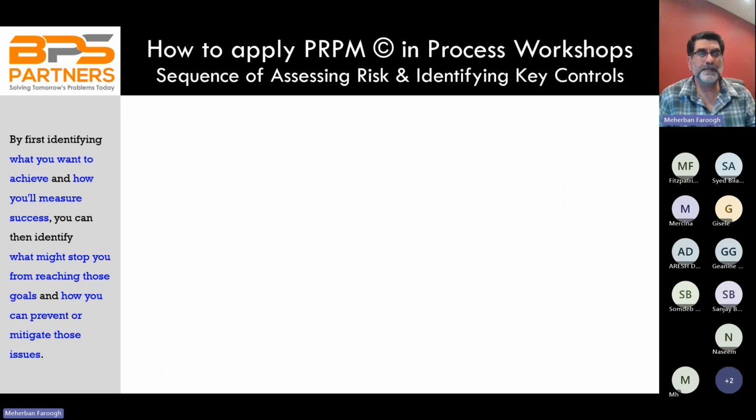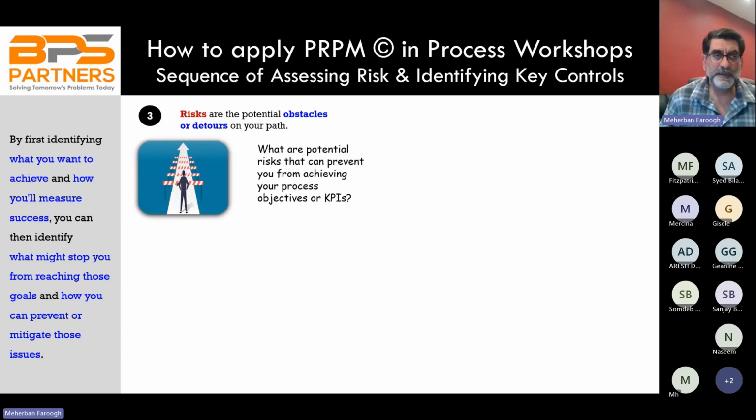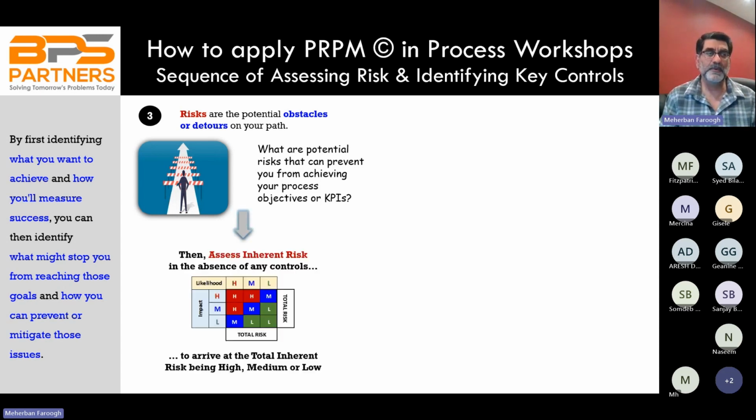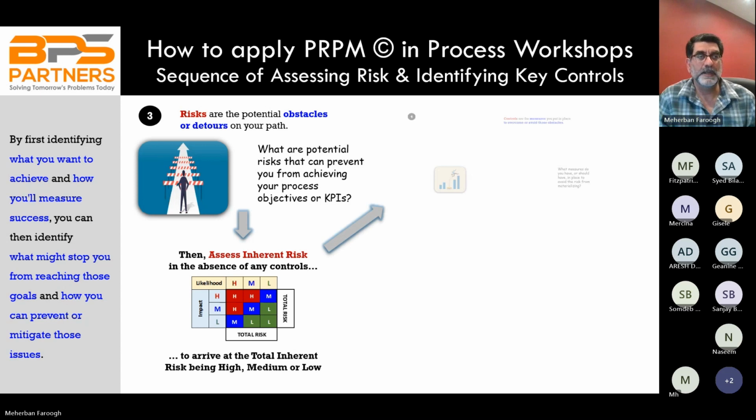So the next thing I wanted to share with you. Between steps 3 and 4, once the risks have been identified, we go into assessing the inherent risks, right? I'll share more of that on the next slide when I have the Excel table. But essentially, we go through assessing the likelihood and the impact of that risk.